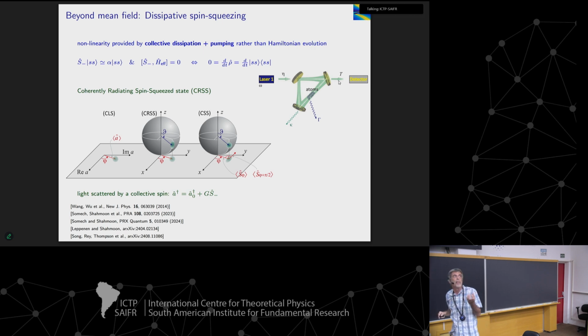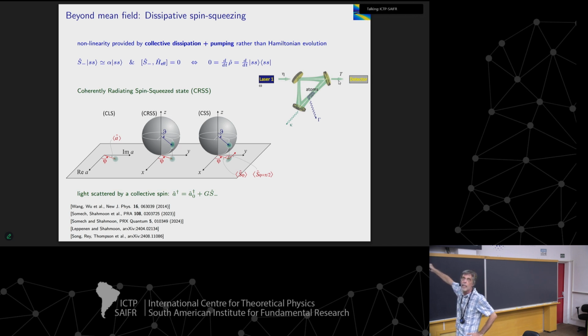So you know the Bloch sphere for one qubit. If you put all the qubits one on top of the other, you have a Bloch sphere which has the size of the number of atoms. Okay, and here you see that if you plot the Wigner function, for example, of the state, it's squeezed in one direction.